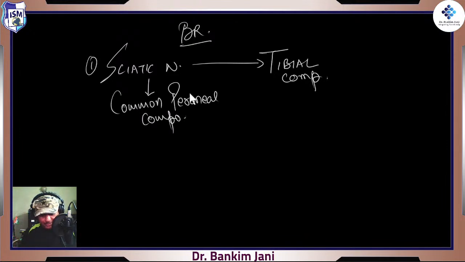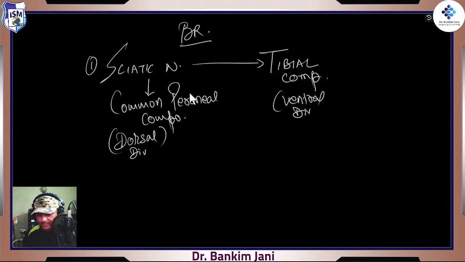The common peroneal component supplies the foot everters and dorsiflexors. So this means that this is the dorsal division, and the tibial one has to be the ventral division, because the ventral division decreases the distance. When the hamstrings contract, they are decreasing the distance. So this is hamstring, calf muscles, sole muscles.